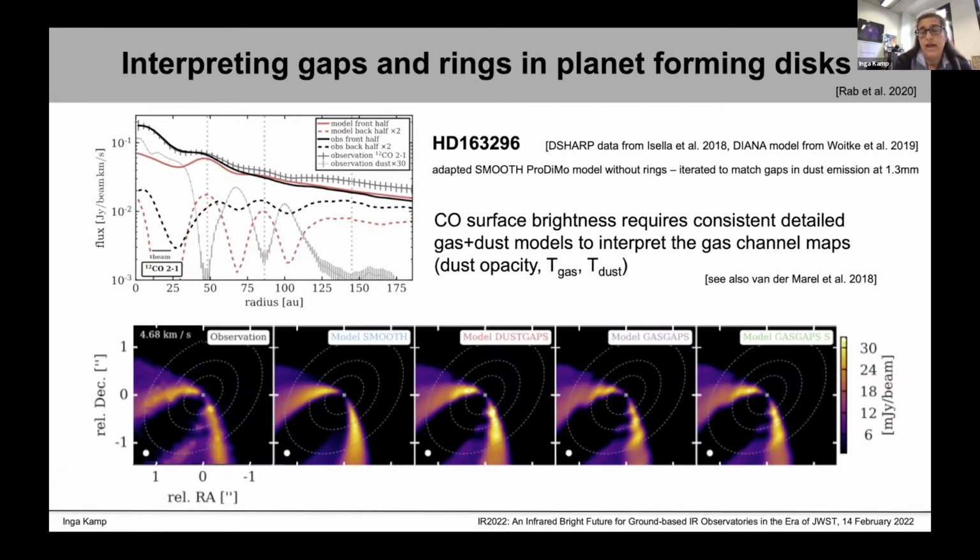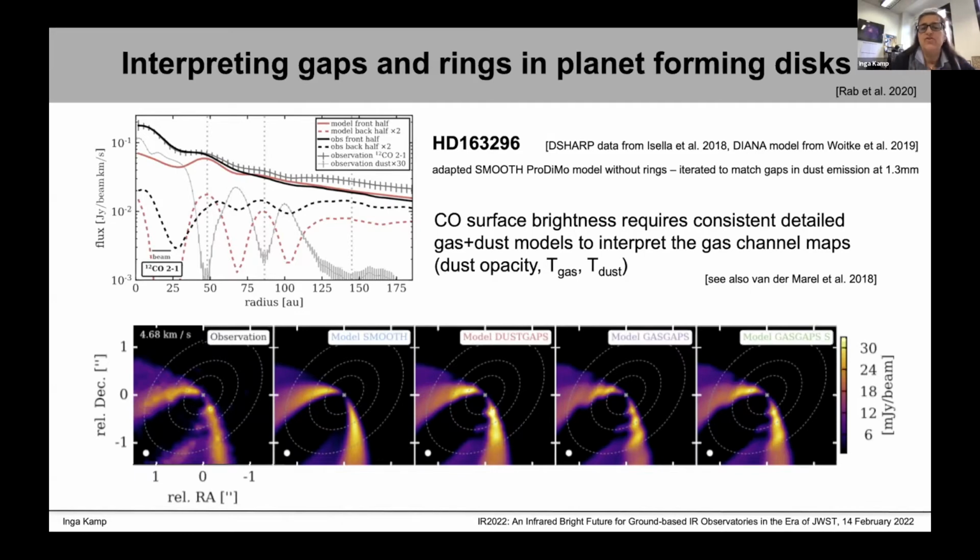The most important message, and this is really only something you can learn when you do the full gas plus dust modeling, is that the dust opacity is important here, because it matters whether you are in a gap or in a ring. If you're in a ring and you have a lot of material there, you block the view of the backside of the disk.